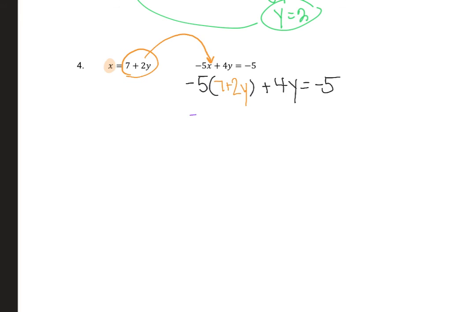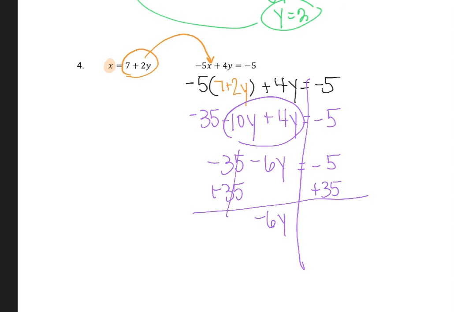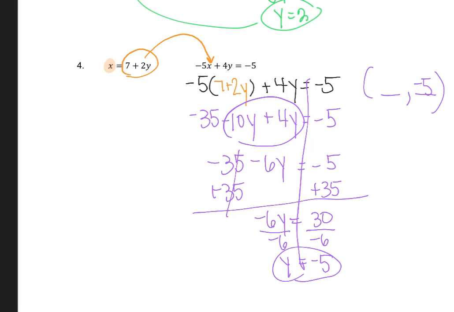I'm distributing, so I get negative 35 minus 10y plus 4y equals negative 5. I'm going to go ahead, combine my like terms, and I keep solving. I got negative 5 for my y.